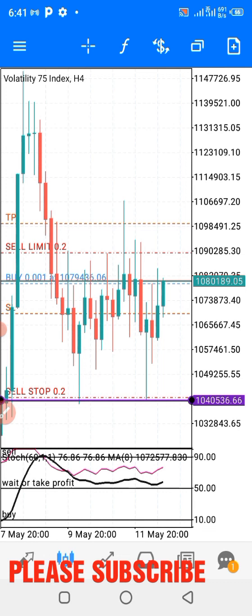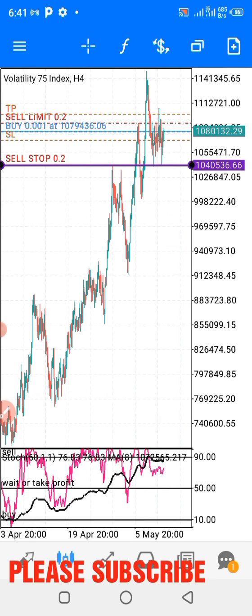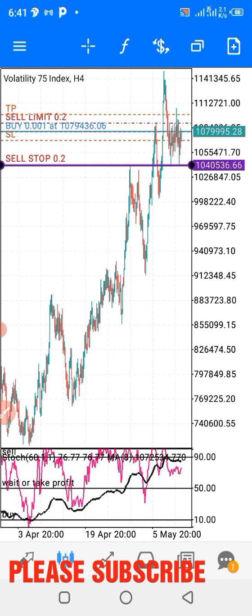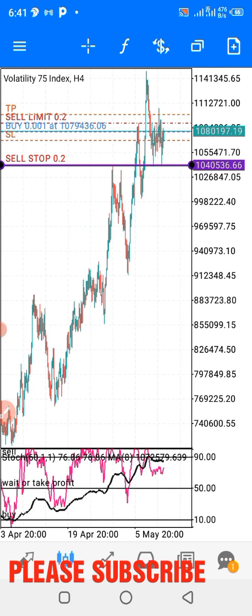Now you zoom to the last zoom level, put your two fingers on the screen and then scroll together. That is, you zoom to the last zoom level. When you have done that, then you look on the indicator window. This is the indicator window.